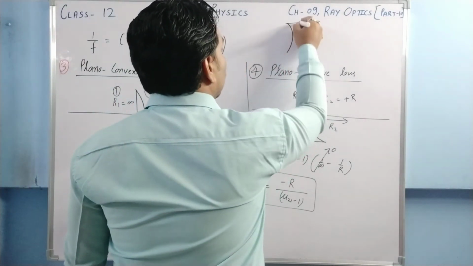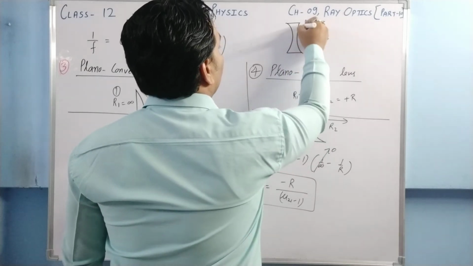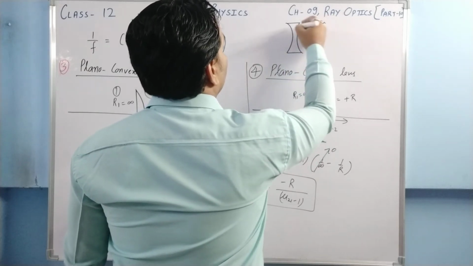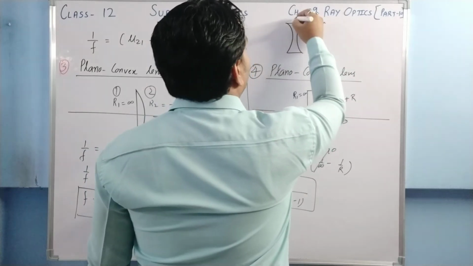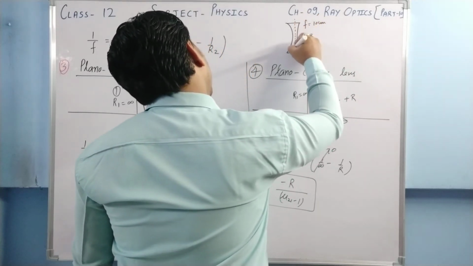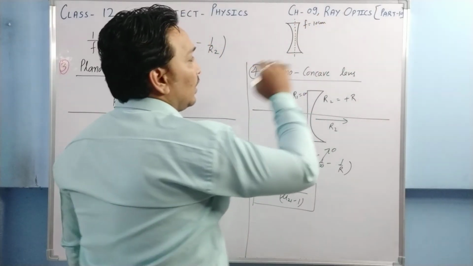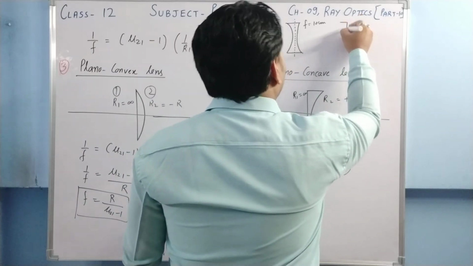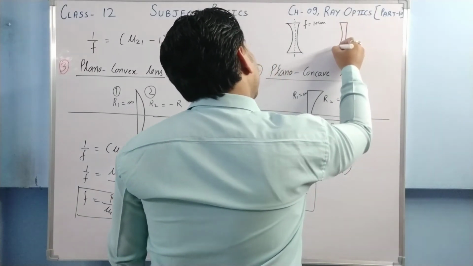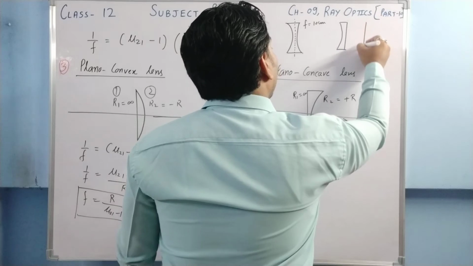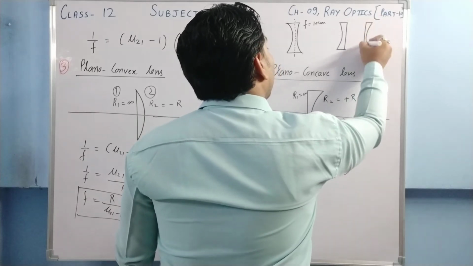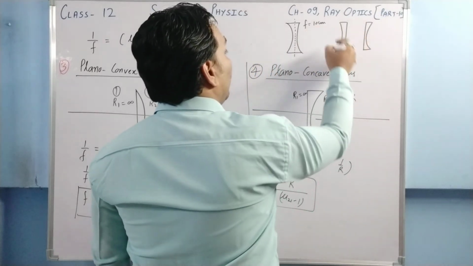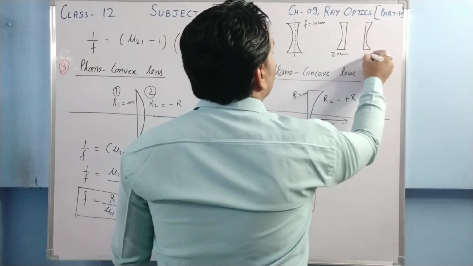If a concave lens has focal length 10 centimeter and it is equiconcave, and it is split into two halves, what we get are plano-concave lenses. So if it has focal length of 10, they will have 20 centimeter.